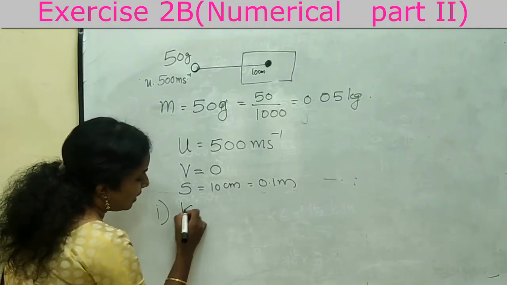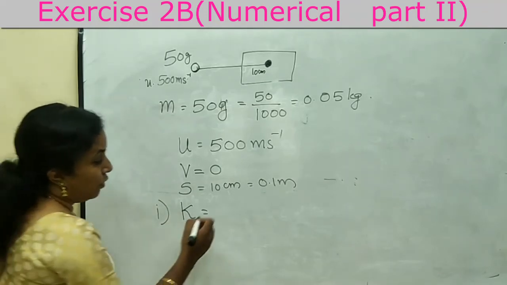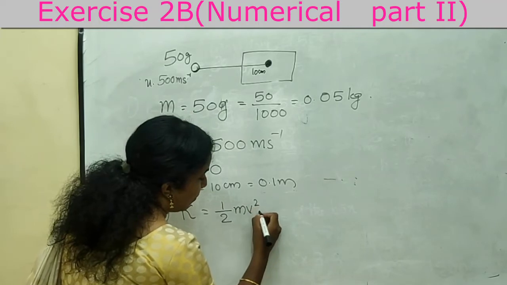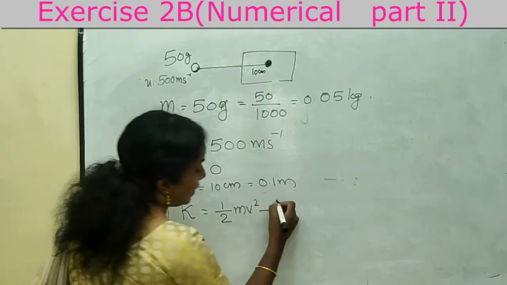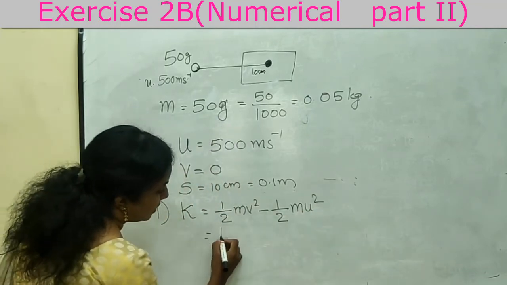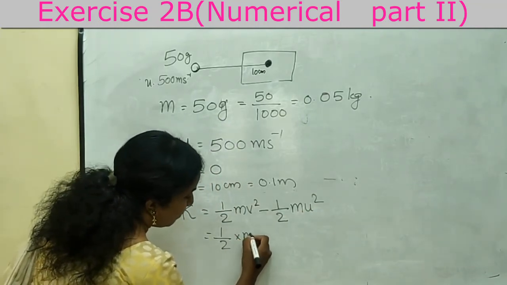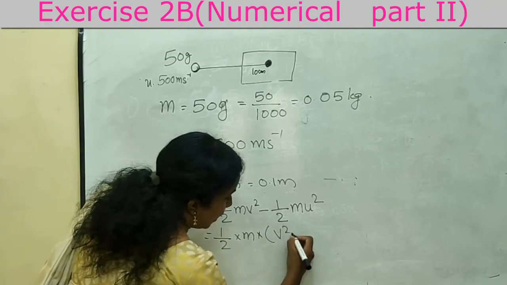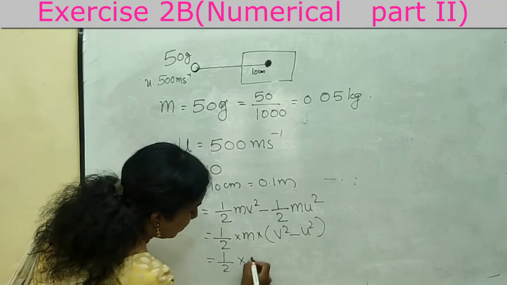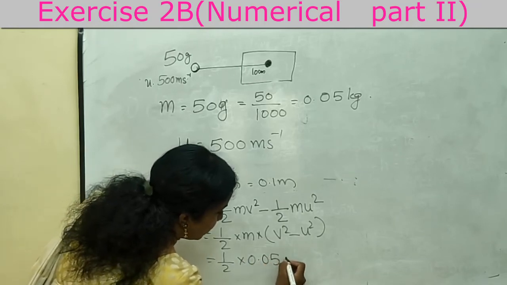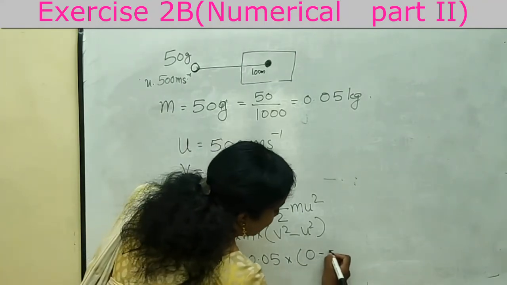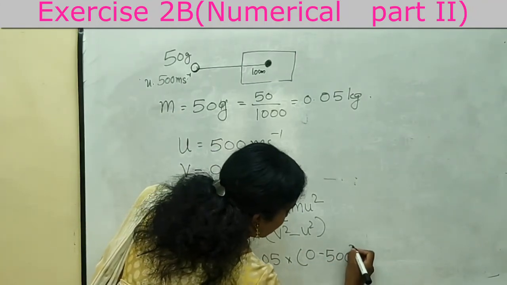We want to find out the kinetic energy of the bullet. So here the kinetic energy is equal to final kinetic energy, half mv square, minus initial kinetic energy, half mu square. So it is 1 by 2 into m into v square minus u square. So it is 1 by 2 into 0.05 into v square is 0 minus 500 square.